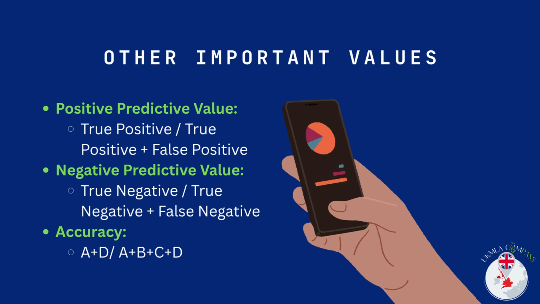Lastly, I have the accuracy. The accuracy is A plus D over A plus B plus C plus D. How do I measure this? A is the diseased group on the medication, B is the non-diseased group on the medication, C is the diseased group on the placebo, and D is the non-diseased group on the placebo. Okay, it's the same ABCD that we said before.